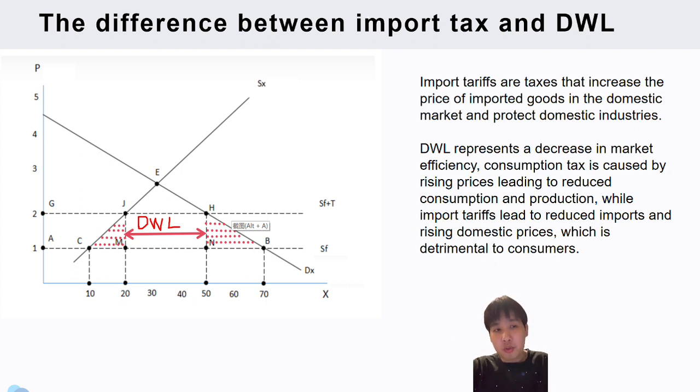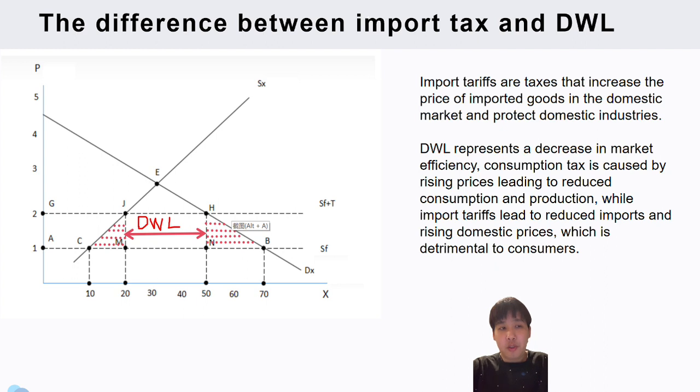When the importing country imposes a tariff on commodity X and the price reaches 2, the importing country's demand shifts toward the domestic supply side from point C to point J.